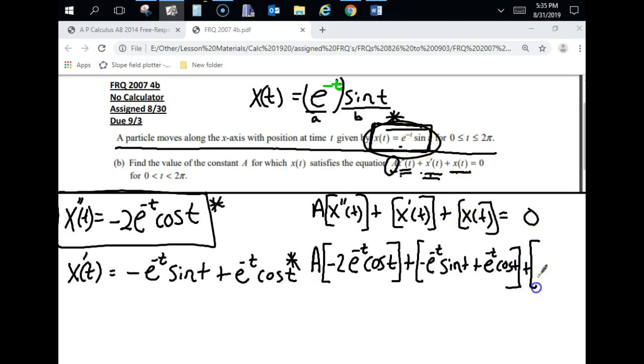We have e to the negative t sine t, and all this equals 0, right? Now, I want you guys to see if you can find the like terms, because actually in this expression here, there are 2 things that will cancel each other out right now. I want you guys to see if you can find it and cancel those out. Okay.